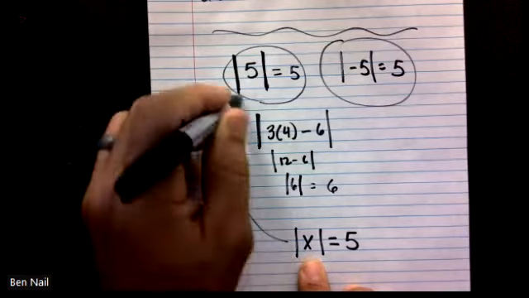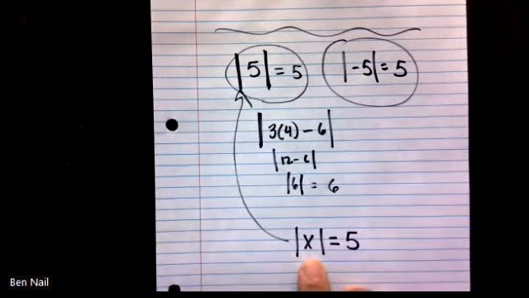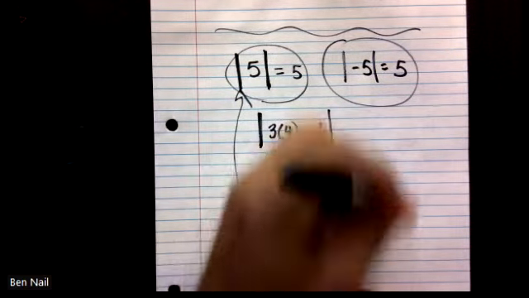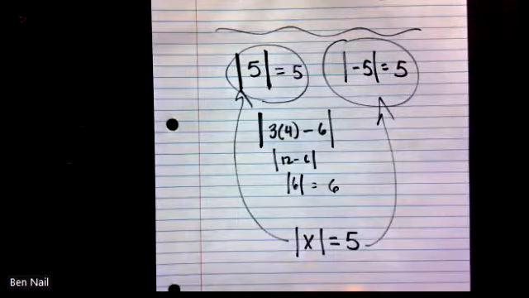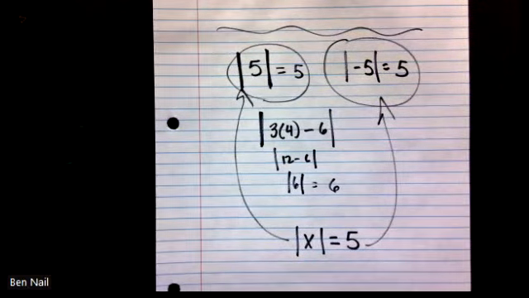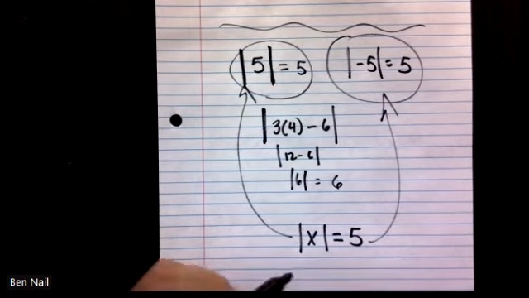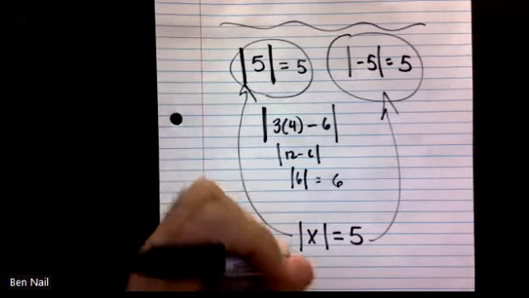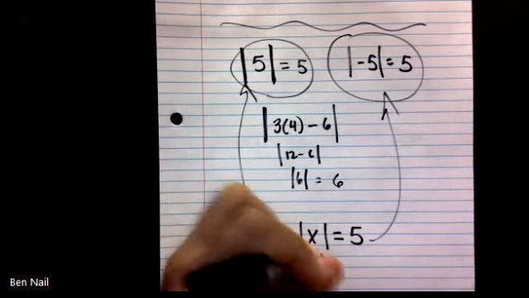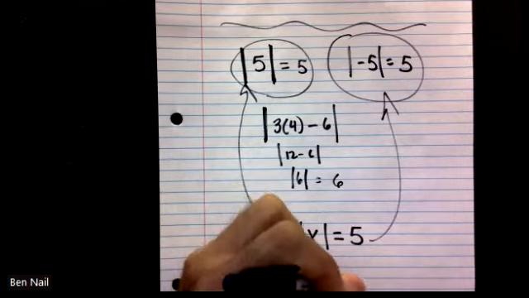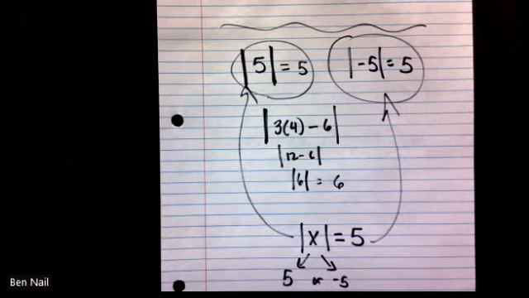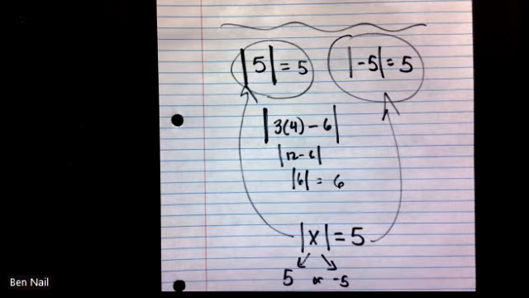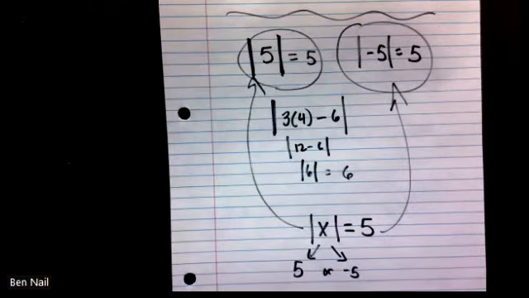Well, if I plug in 5, that gives me 5. But if I plug in -5, that also gives me 5. So that's one thing we're going to have to deal with. Absolute value equations always have the potential for 2 solutions. You've got to deal with the positive and the negative.